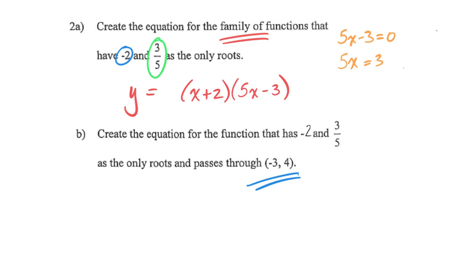The other thing I could have done was take the green and work backwards. If x equals 3/5 is one of my roots, then I could multiply out the 5 and now set it equal to 0 because it was an x-intercept. Either way is going to get me to the best factor, 5x minus 3.